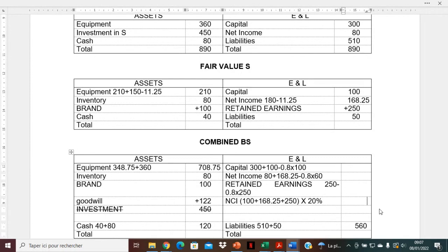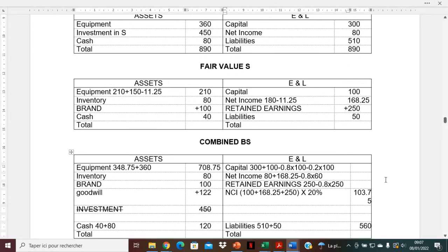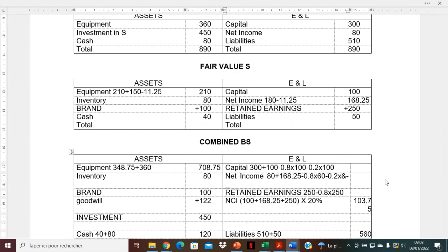How much is that? 103.75. And then we are done. I eliminate the 20% of the 100 because I reallocate them to the non-controlling interest. Here, very important, in net income, non-controlling interest gets 20% of the total profit. So 20% of 168.25.